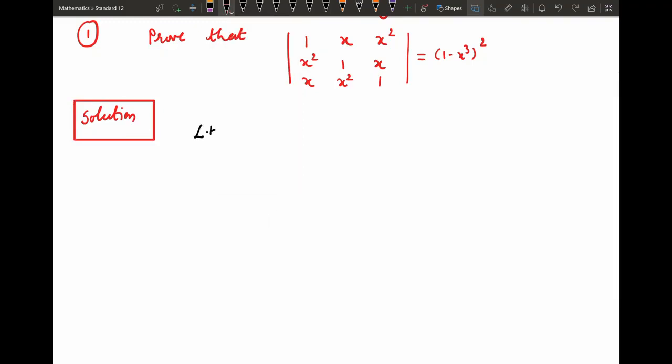LHS is the determinant with rows 1 x x square, x square 1 x, and x x square 1.